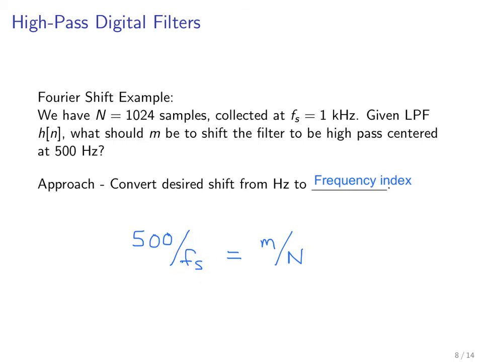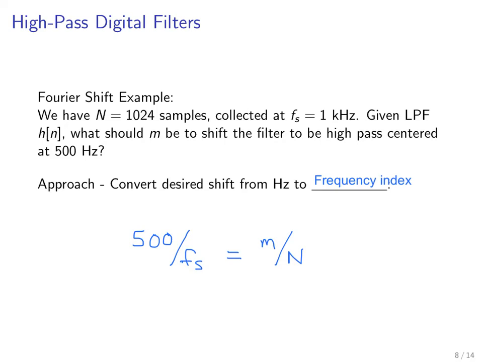It'll go from minus f sub s over 2 to plus f sub s over 2, and there will be a total of capital N samples in that discrete Fourier transform. So the shift we're applying is proportional, and this relationship will hold, and we can use this to solve for the frequency index to put into that phase modulation function that we showed on the previous page.